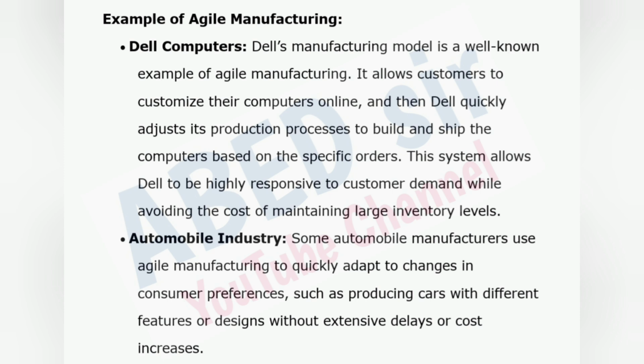This system allows Dell to be highly responsive to customer demand while avoiding the cost of maintaining large inventory levels. Automobile industry. Some automobile manufacturers use agile manufacturing to quickly adapt to changes in consumer preferences, such as producing cars with different features or designs without extensive delays or cost increases.